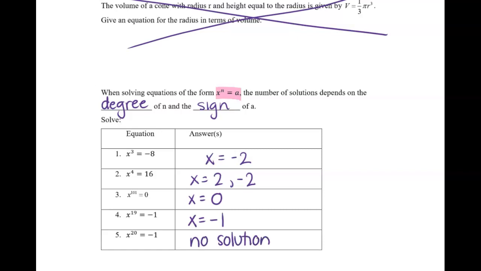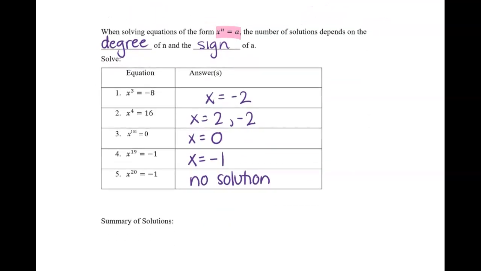I'm going to talk about these for a second. This is an odd power, 19 is odd, and this is even. Essentially what happens is you're multiplying a bunch of -1s together. You'll end up with pairs, and each pair is going to be 1. With 19, you'll have 9 pairs like this, and then you'll have another -1 on the outside.